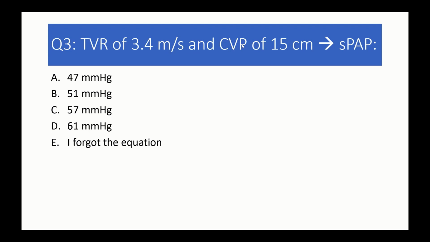So to convert centimeters to millimeters of mercury, the easiest way to do it is just to take 2/3 of that. So if you take 2/3 of that, you end up with 10, add it to 46 or 47, and you end up with A, with S, with D. Very good. Okay.